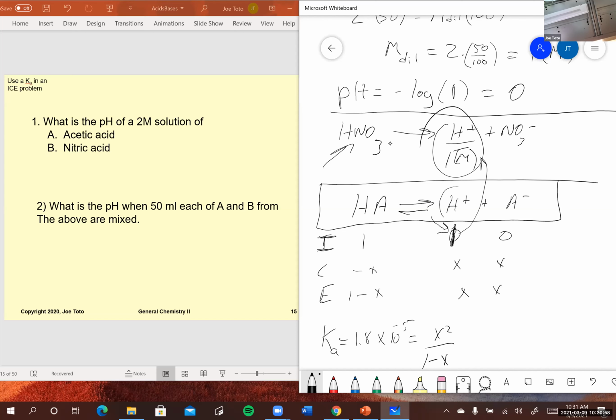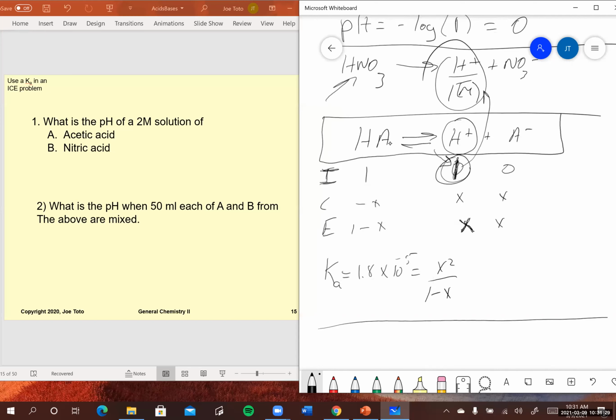So now I have a stress on the equilibrium, right? The stress is too much H plus. Which way does it shift? Left. Yeah, to the left. So in the presence of the nitric acid, is X going to be bigger or smaller? Smaller. Yeah, it's going to be smaller.